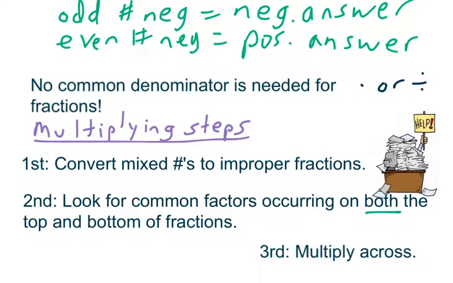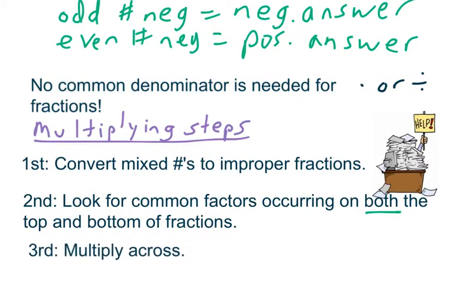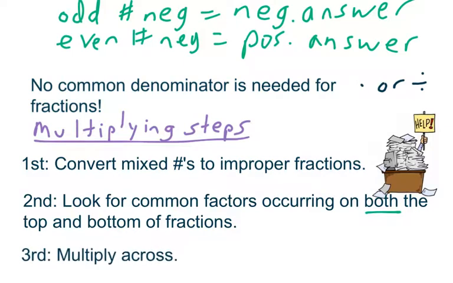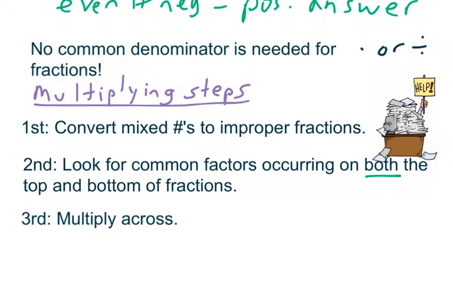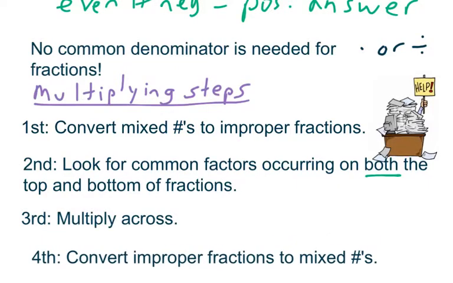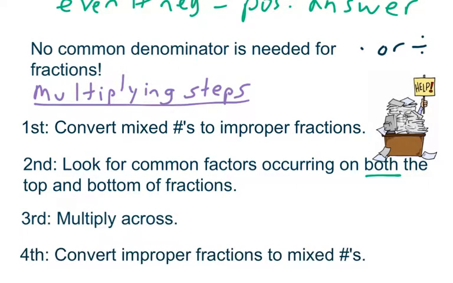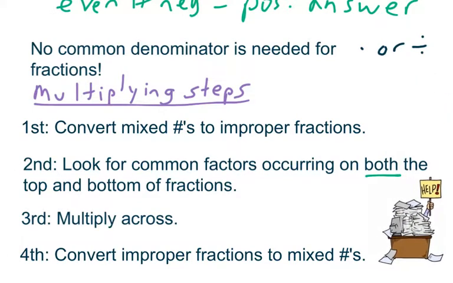Next up, we multiply across. And then finally, we don't want to have our answer as an improper fraction, so we should convert it to a mixed number. So we already have 4 steps there, so remember, you don't want to make that extra step and getting the same denominator.